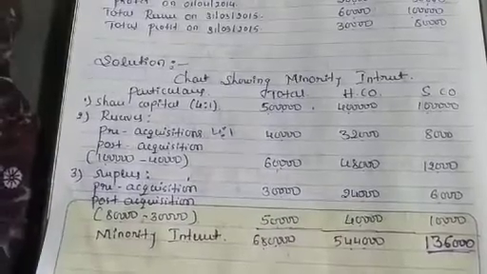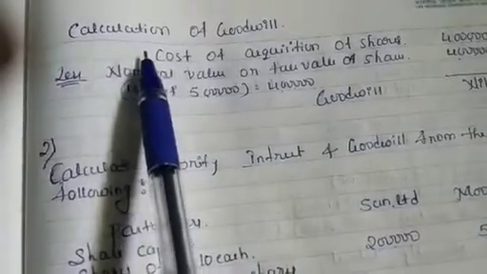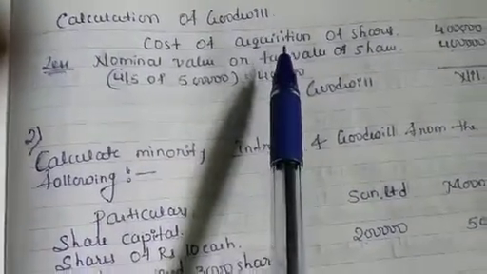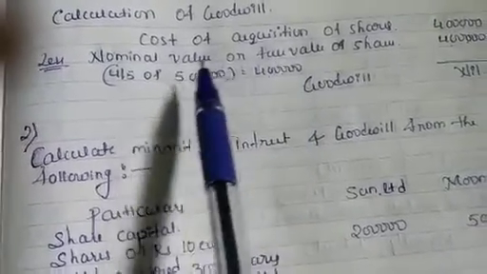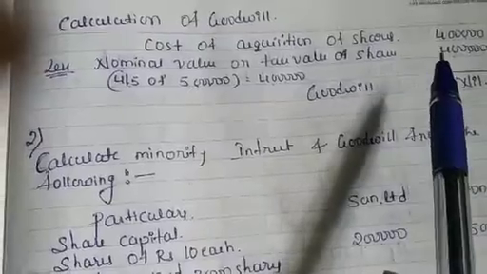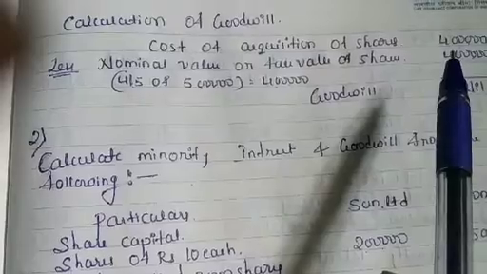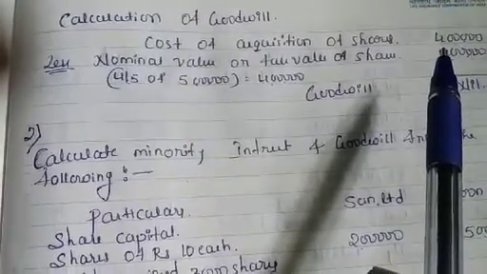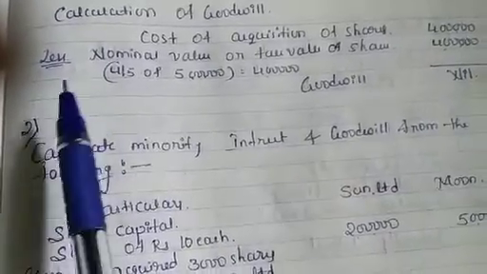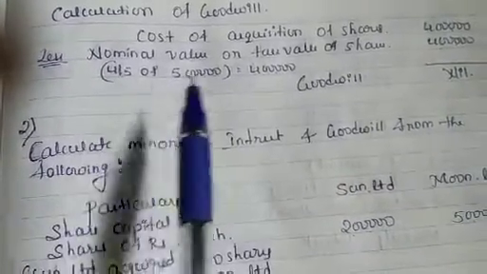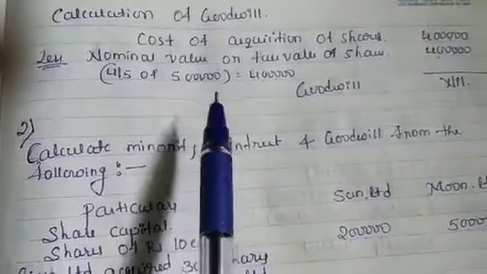Then we have to calculate goodwill. They asked in the problem for minority interest and also to calculate the goodwill. How to calculate goodwill? Cost of acquisition of shares is 4 lakh, because they acquired 4/5 of the shares at 10 rupees each. They acquired 4 lakh shares, and the nominal or face value we have to deduct, which is also 4 lakh, 4/5 of the 5 lakh.